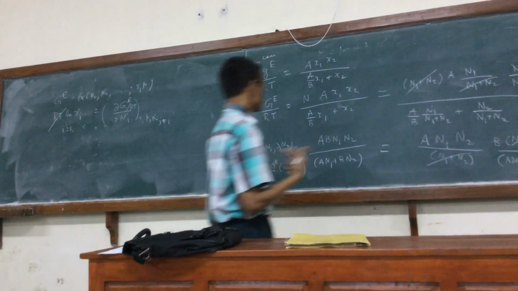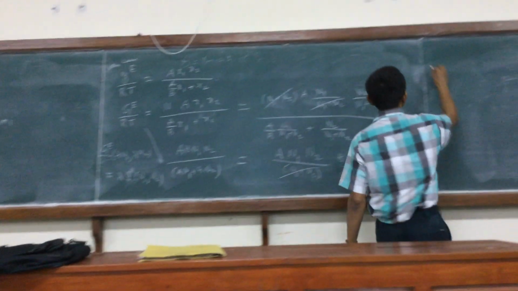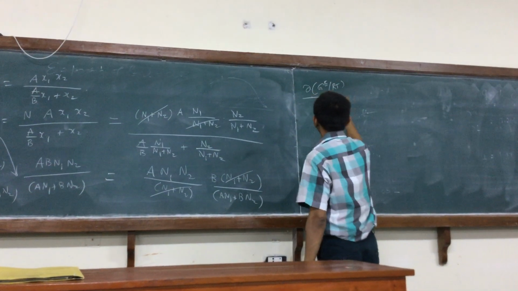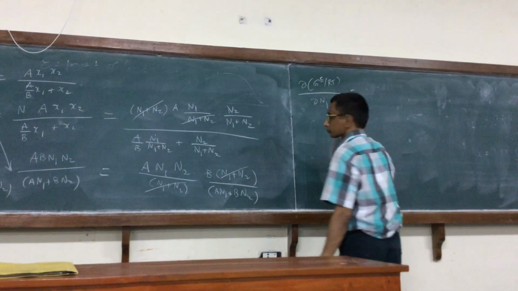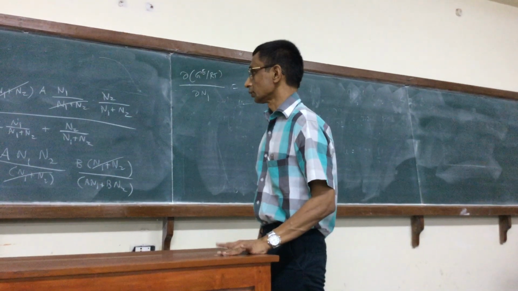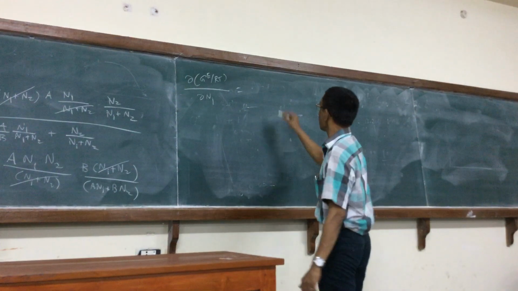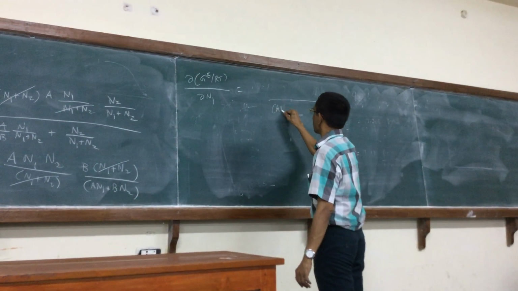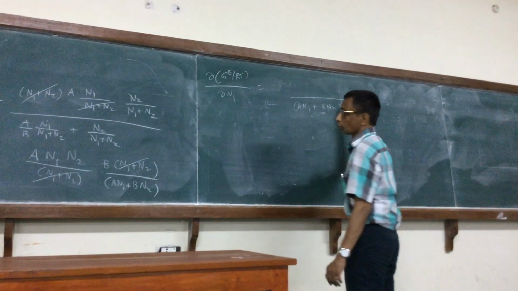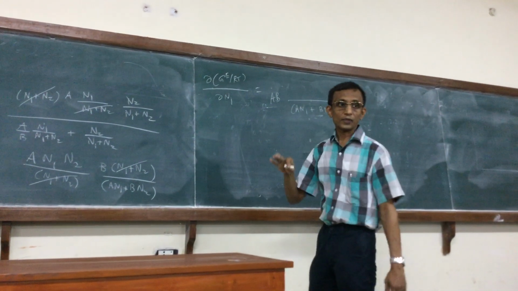So now I can differentiate this. So this is G^E by RT. If I take the derivative with respect to N1, I have (A N1 plus B N2) whole squared in the denominator, and then A can be taken out as a common factor.